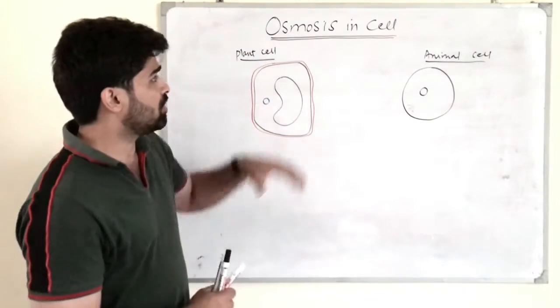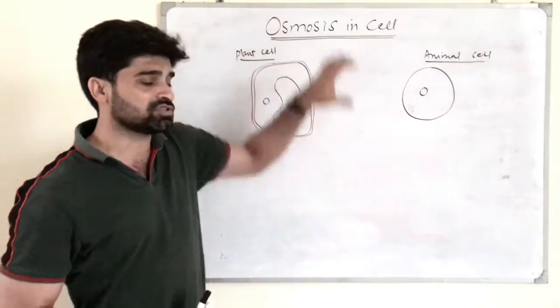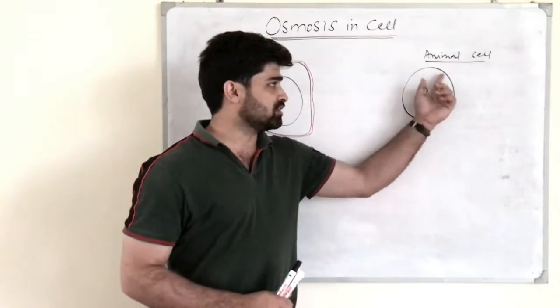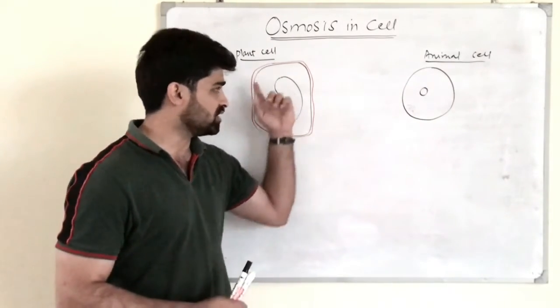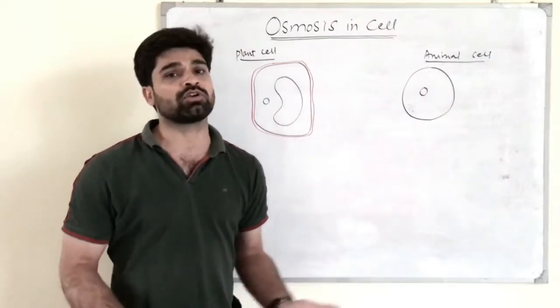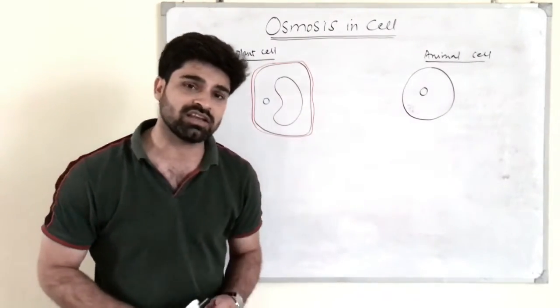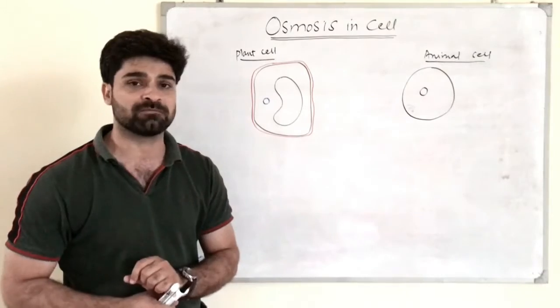So, why do we need to study osmosis in the cells? Because the cell membrane, as we already discussed in our previous lessons, is a partially permeable membrane.